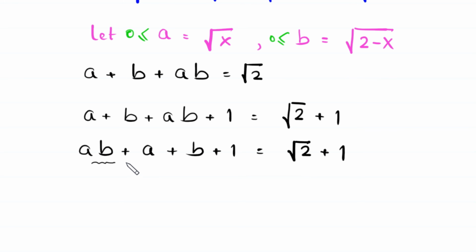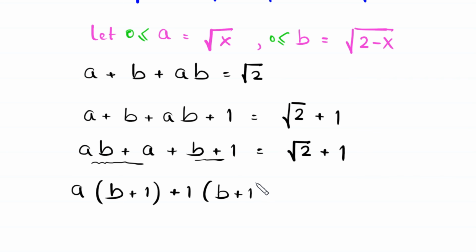From the first two terms we can factor out a, in bracket b plus 1. From the last two terms we can factor out 1, in bracket b plus 1, equal to root 2 plus 1.